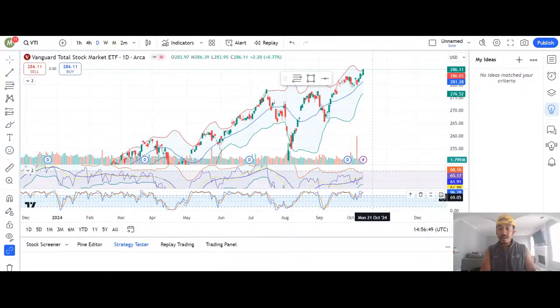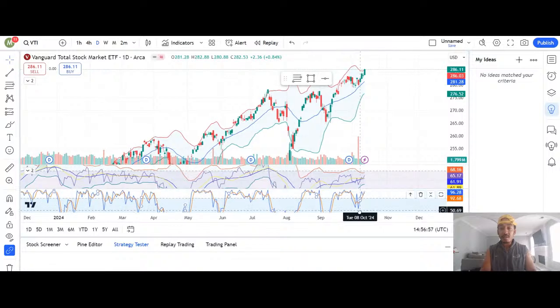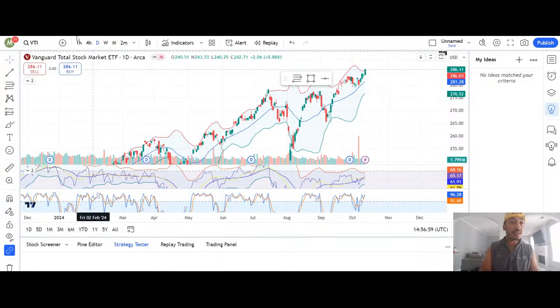And it's literally the same thing as the RSI, but it moves faster than the RSI. So on day trading, the stochastic, that's this one on the bottom, the blue and orange line, is going to give you a signal before the RSI.